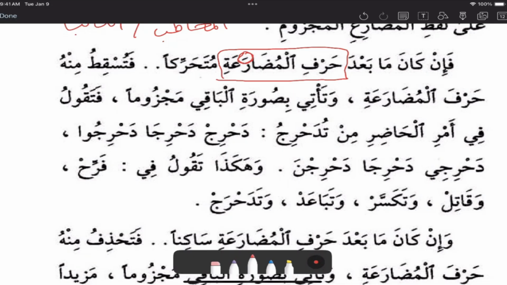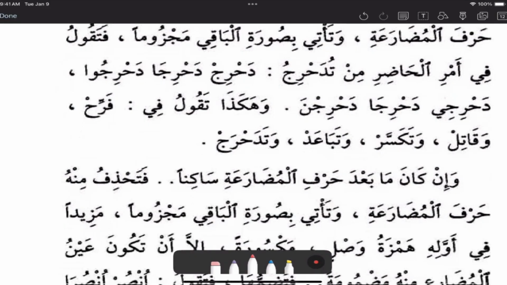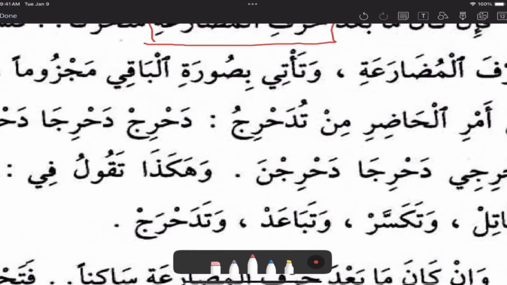فَتَقُولُ فِي أَمْرِ الْحَاضِرِ, and so you say in commanding someone present. Min tudahrij, you would say using, for instance, the verb tudahrij. So let's notice here why he chose tudahrij. For several reasons.